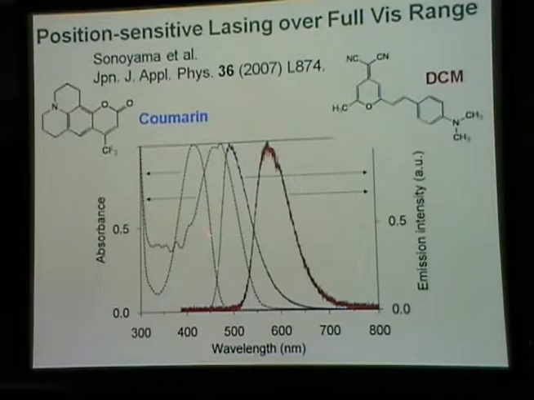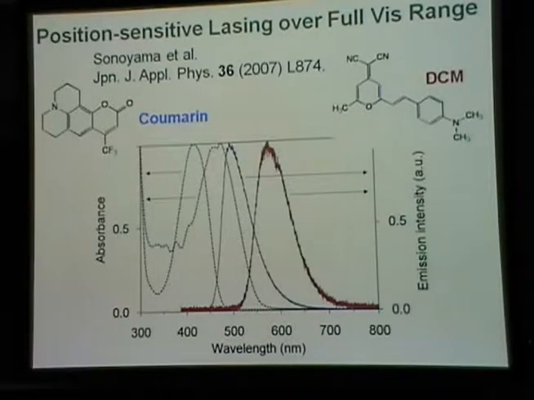So this is the absorption of coumarin, this is the emission of coumarin, and this is the absorption of DCM and emission of DCM. So from 450 or 60 to almost 700, the two emission curves cover the range.